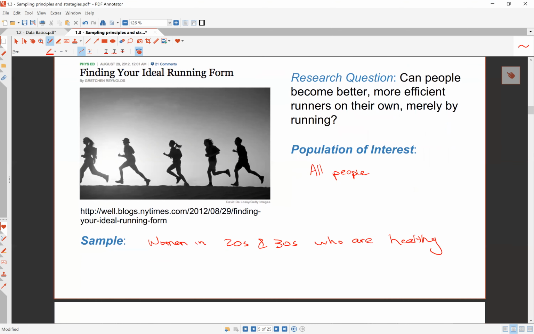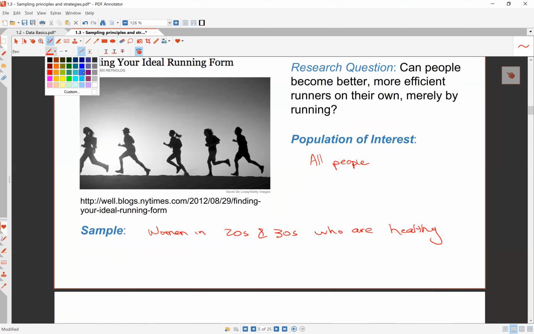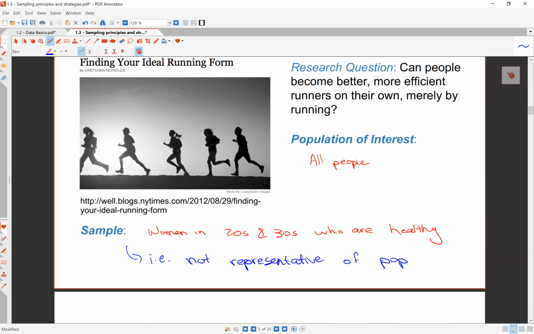So the sample is in no way representative of the population of interest or the target population.